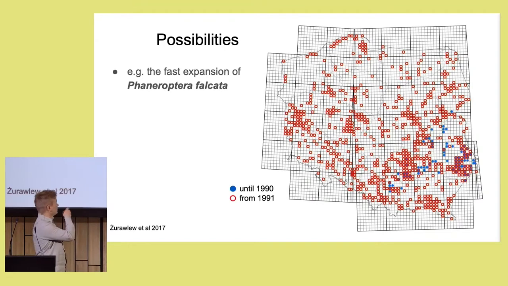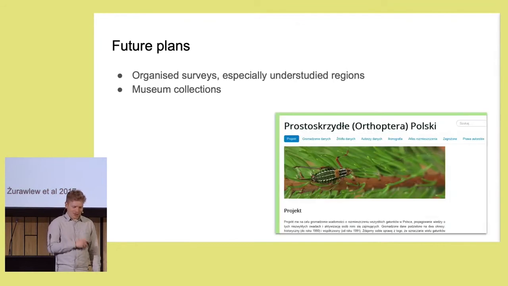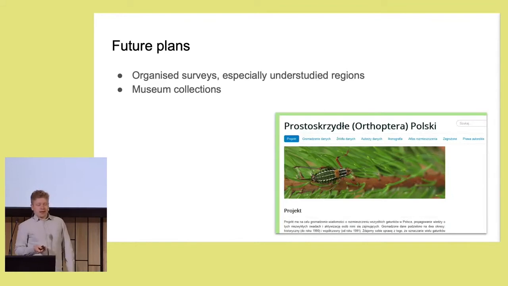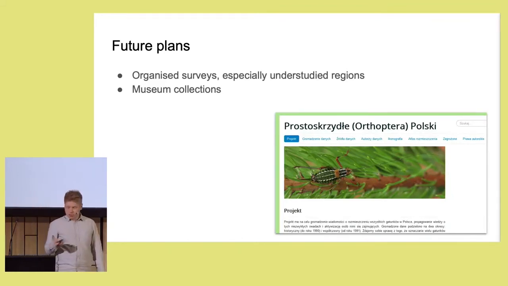Until 1990, it only occurred in the warm upland regions, basically in the xerothermic grasslands only, and it was very rare. And then from 1991 until now, you can find it at the Baltic Sea and it is quite common there. So I think that's quite impressive. These are important possibilities of such atlas projects.